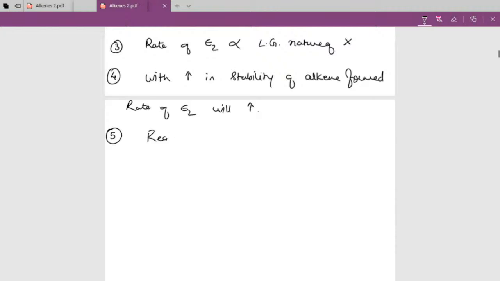Okay, rearrangements are totally absent. Rearrangements are absent because there is no carbocation formed, no such intermediate is involved, so there is no rearrangement in E2 reaction.